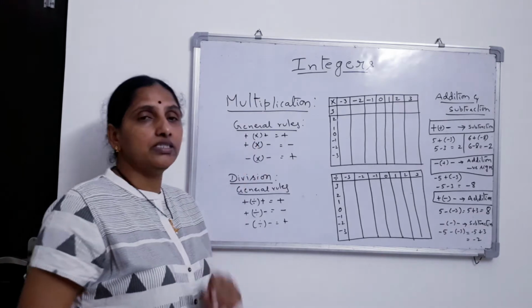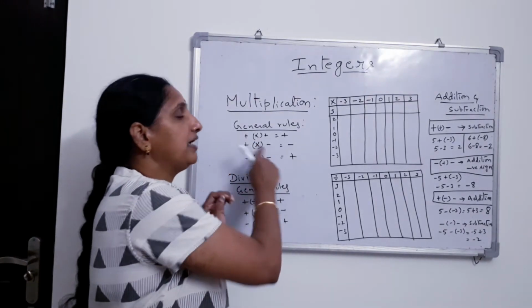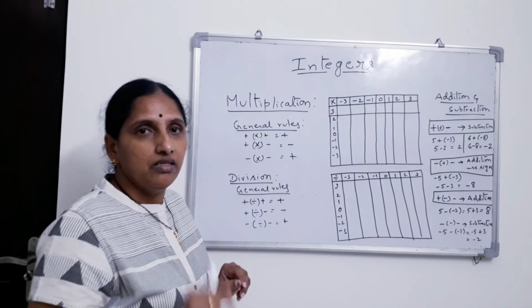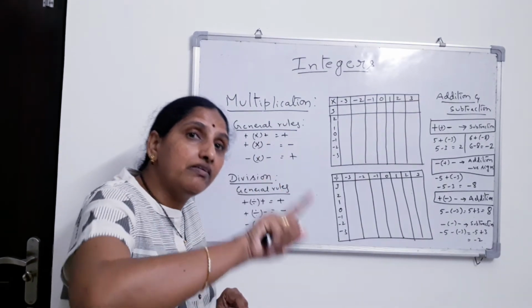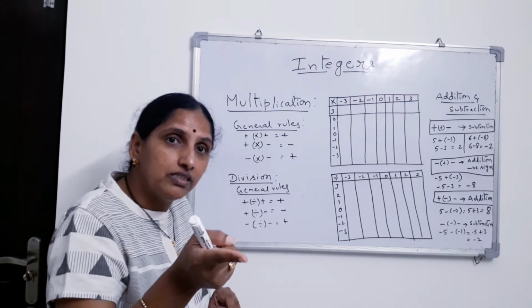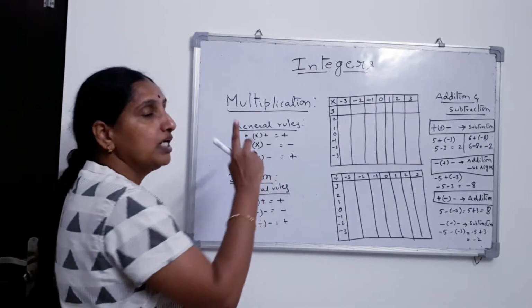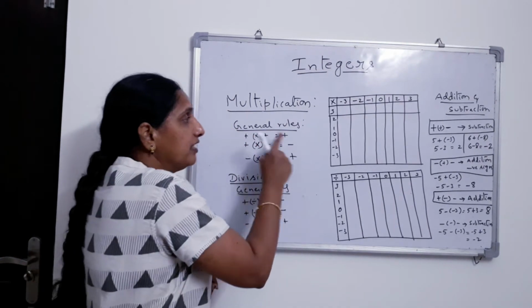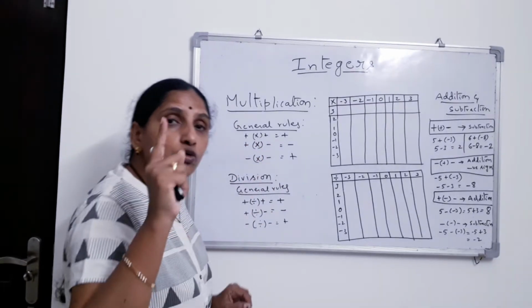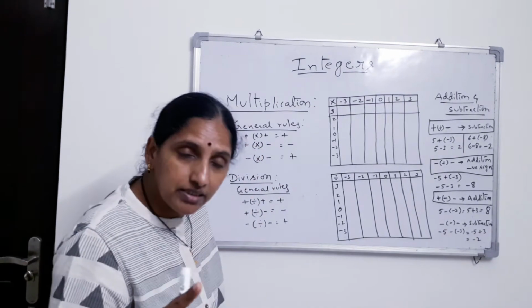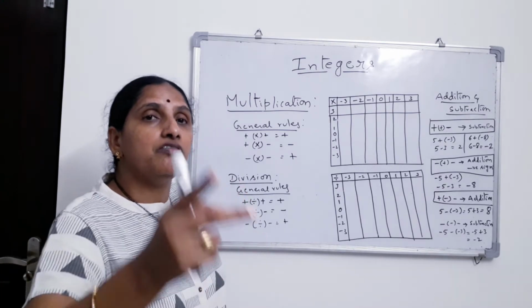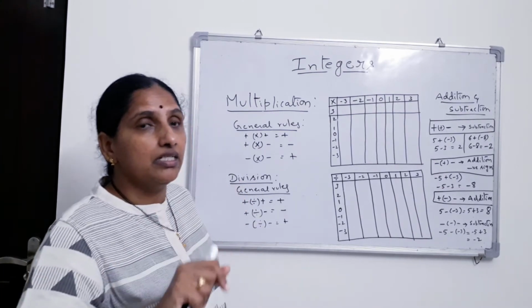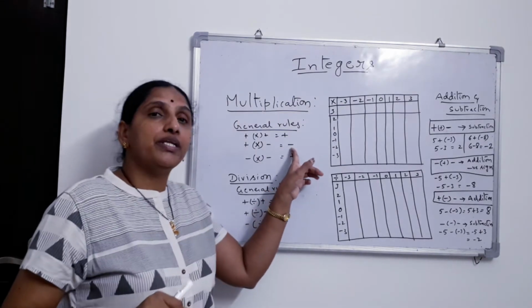Now the next one is a positive integer multiplied with a negative integer, or a negative integer multiplied with a positive integer. That means out of two integers, if one is negative, then the result is going to be negative.